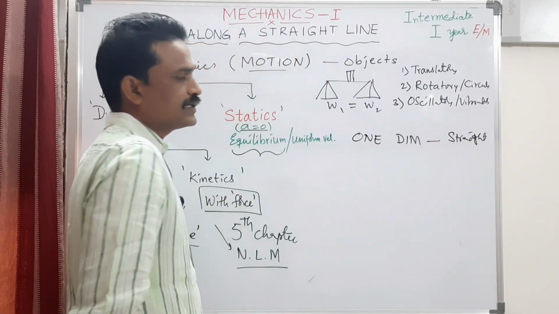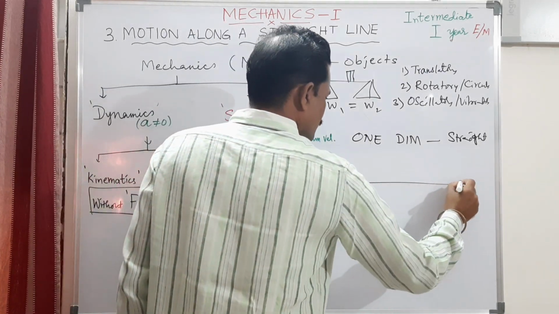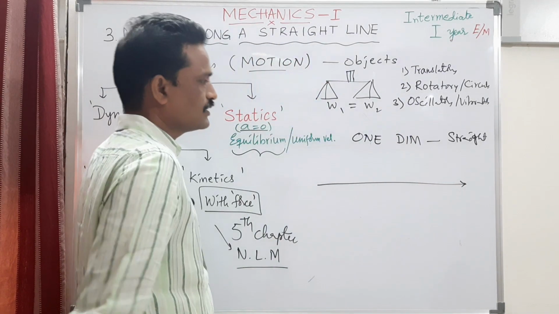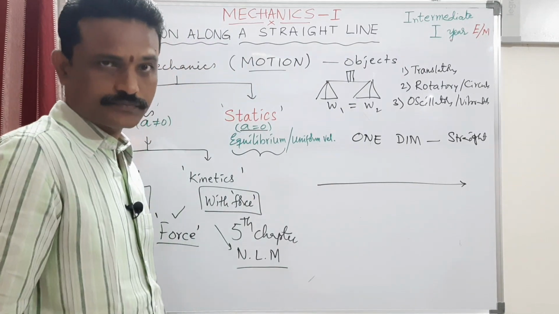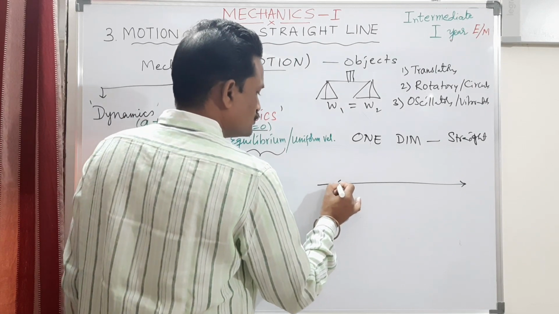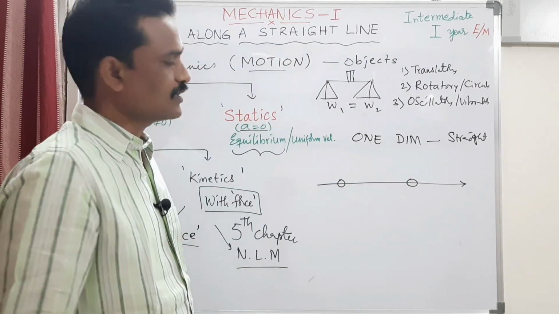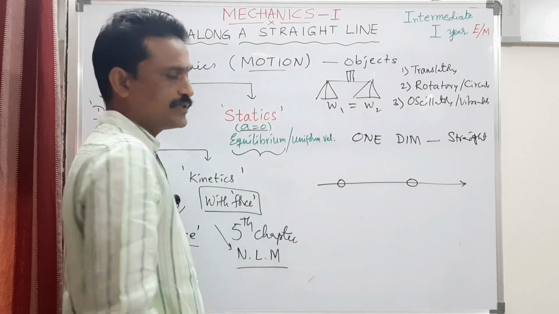In order to describe the motion of the object, if I require only one axis, then that is called one dimensional motion. So it is obvious that the object is moving along a straight line.